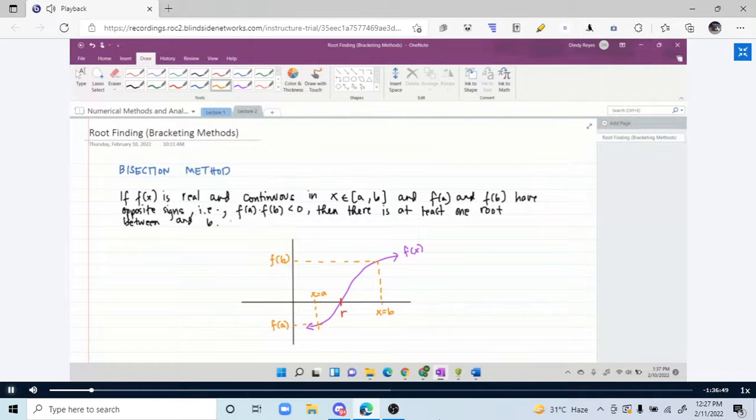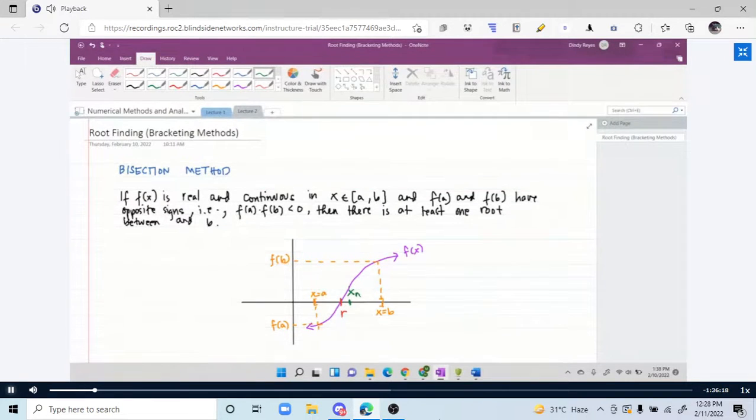Now, in the bisection method, what you do with this interval from x equals a to x equals b is divide it into two equal parts. Upon division, you'll have a number right in the middle of a and b, which will be an approximation in our iterations.